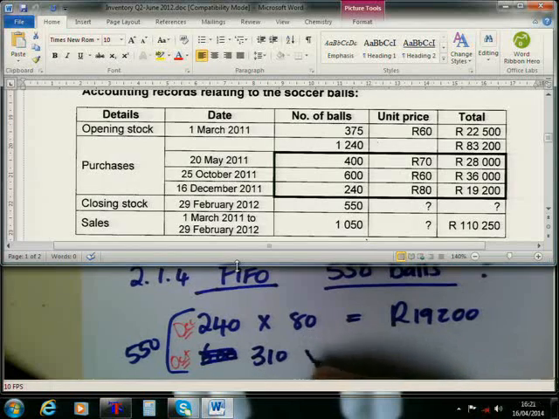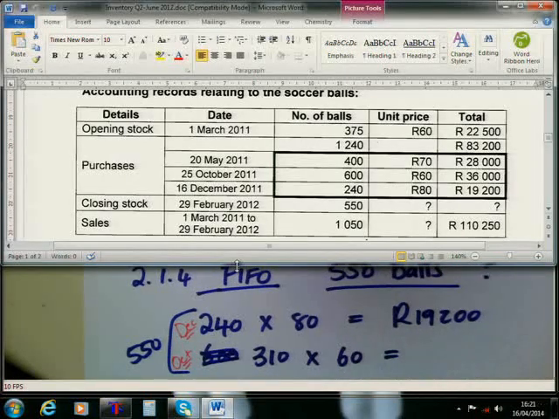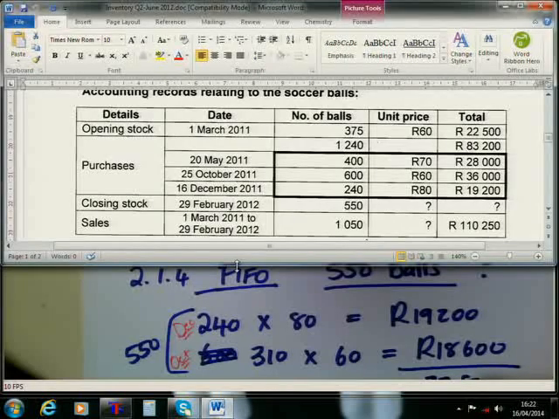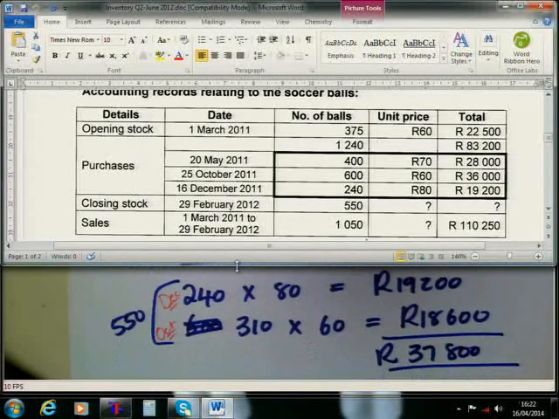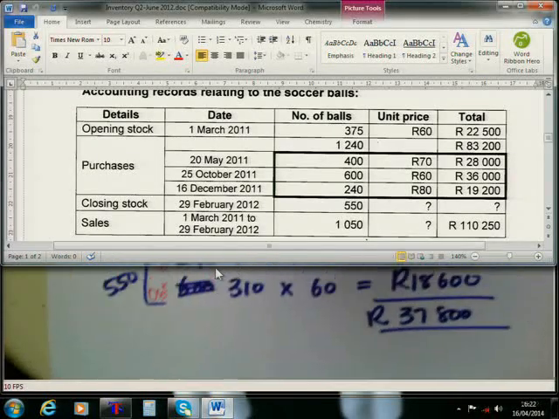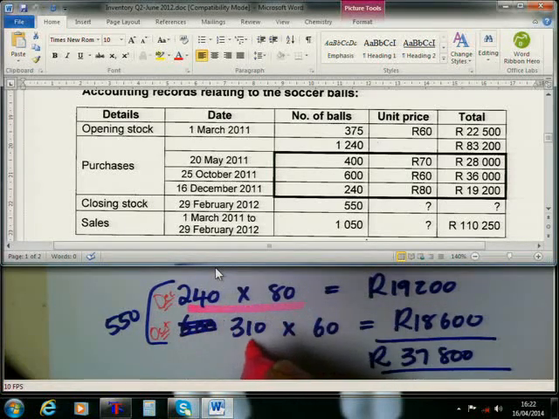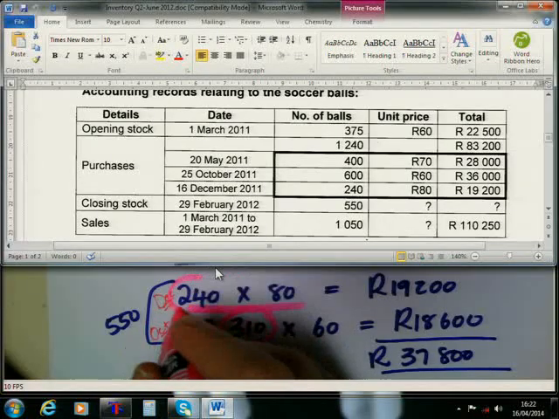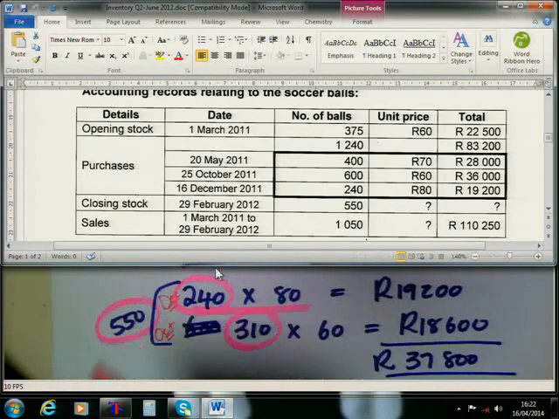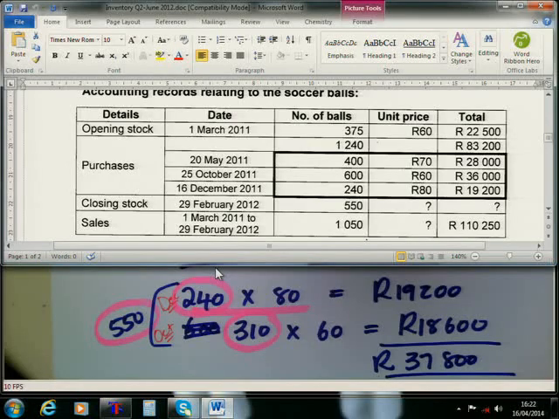We bought those soccer balls at 60 rand. So 310 times 60 rand gives you 18,600, and there is the value of your stock according to the FIFO method. This one is the last one that we bought, this is second last, but remember that one and that one together must give you the 550 that you've got there.